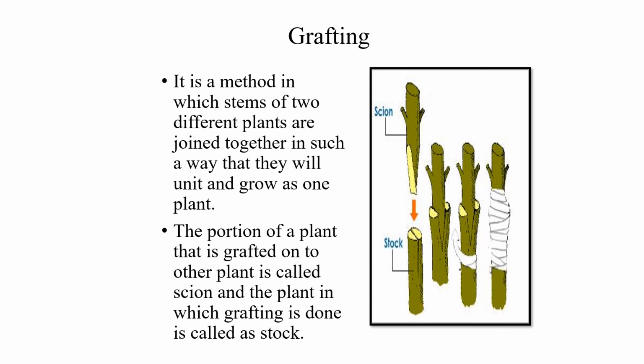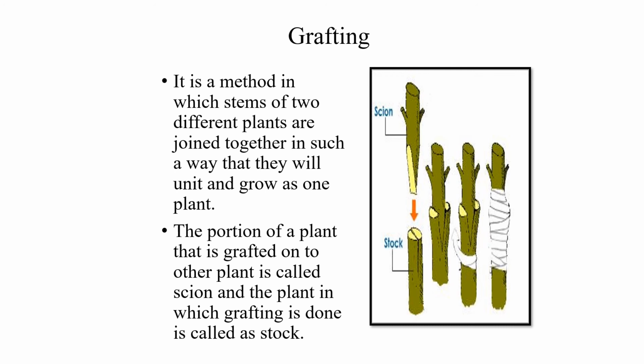Grafting is a method in which stems of two different plants are joined together in such a way that they unite and grow as one plant. In this diagram you can see very well that the plant in the soil is the stalk, and the removed portion is the scion, which is attached to the stalk.